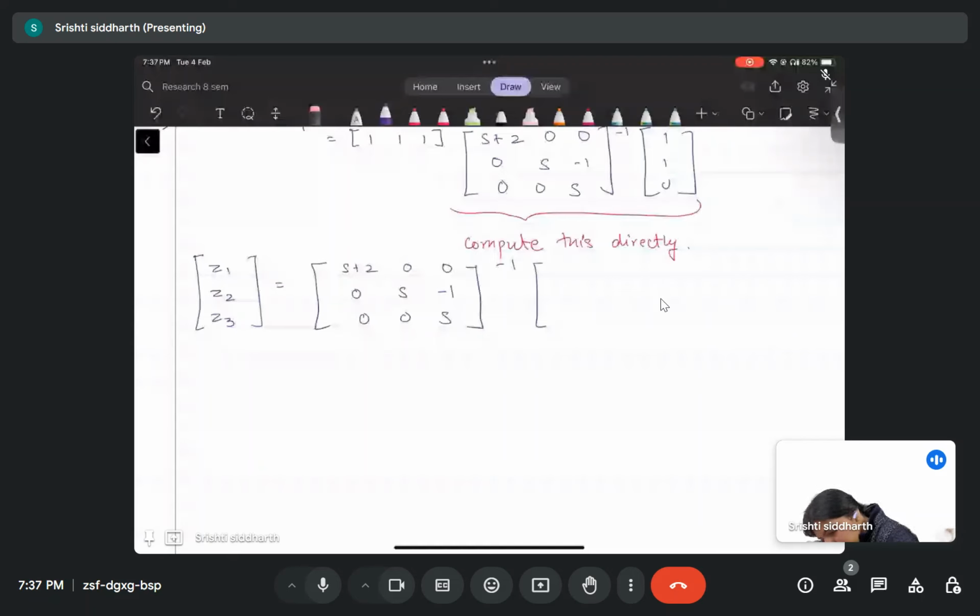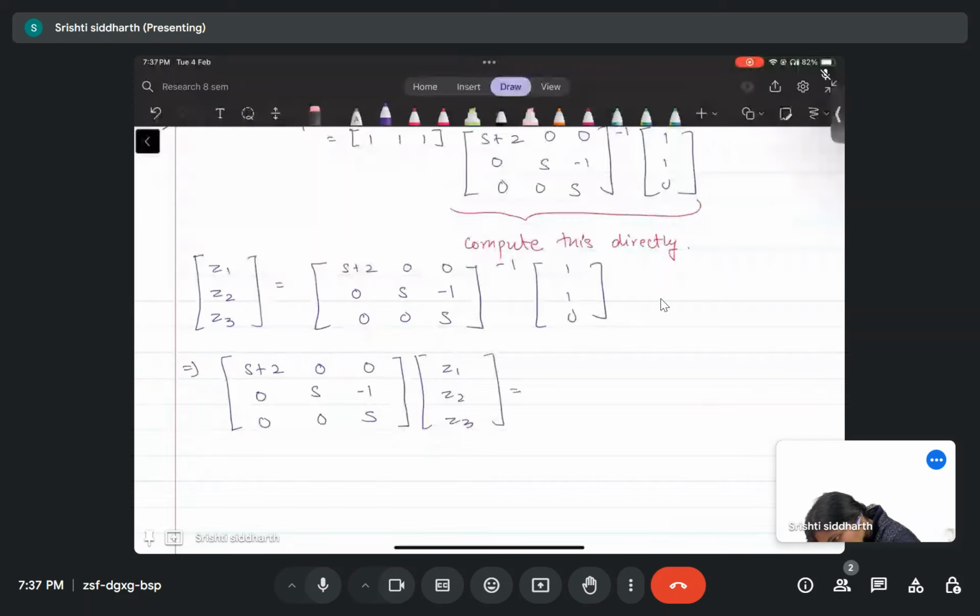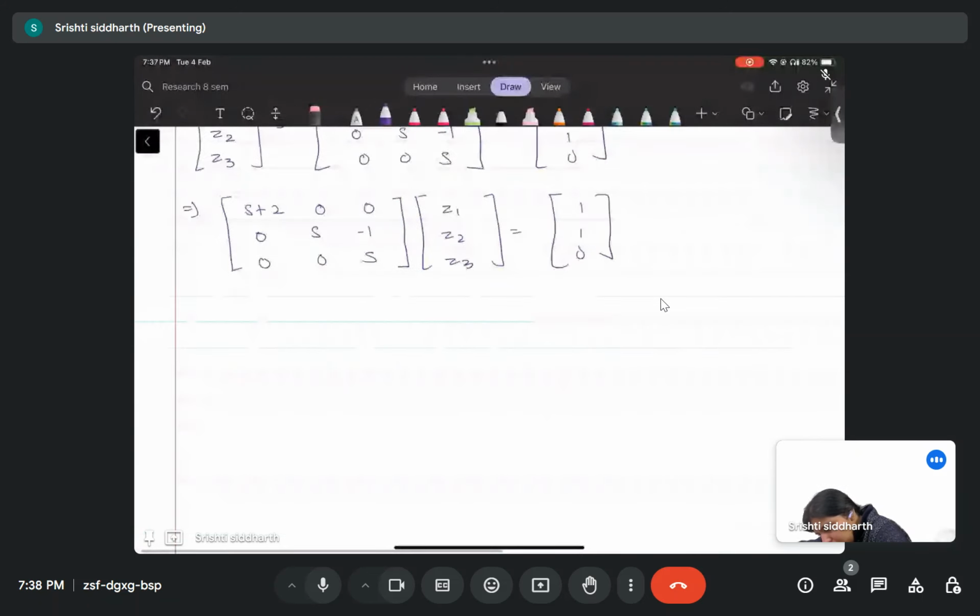Alright, so again we have a nice upper triangular form.